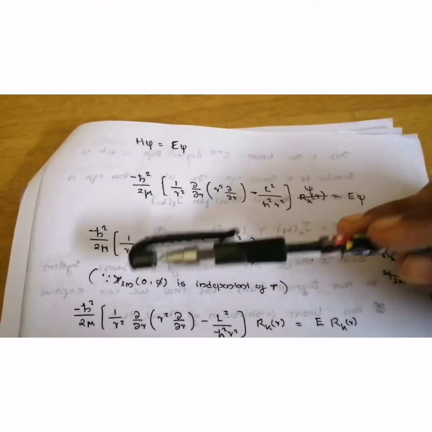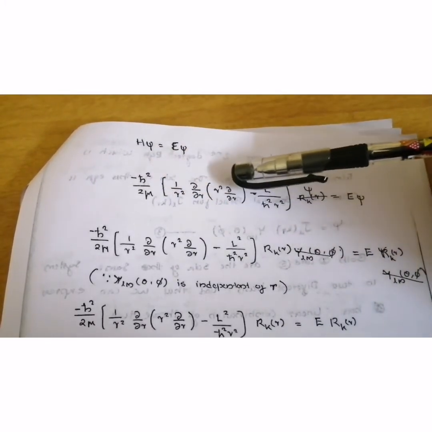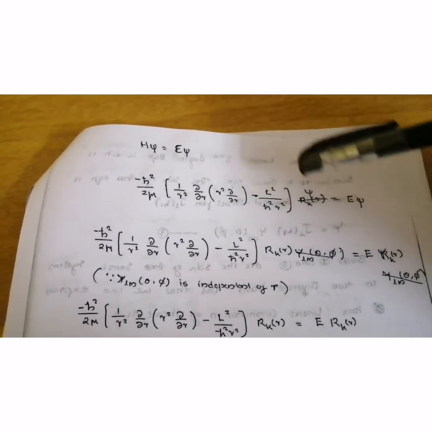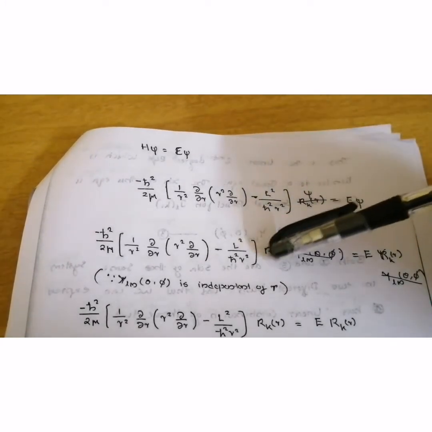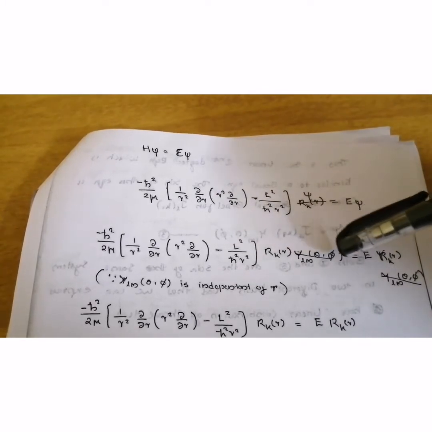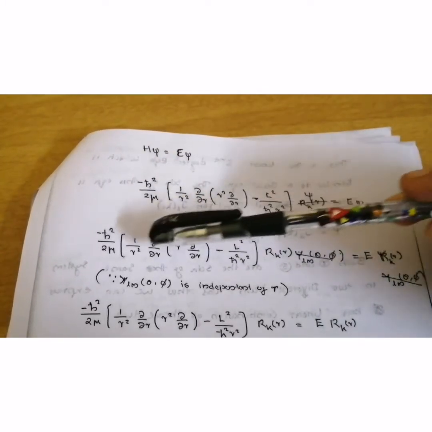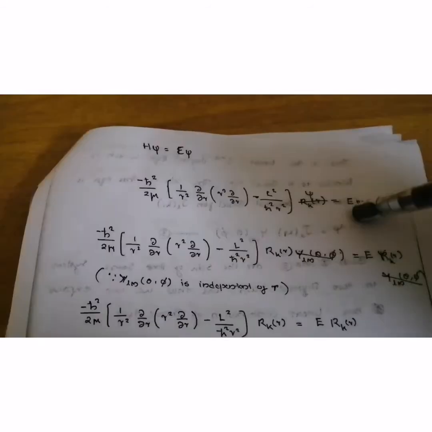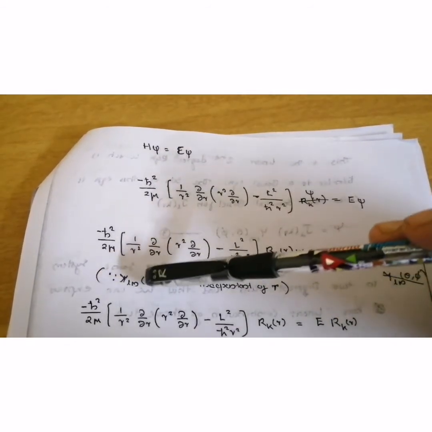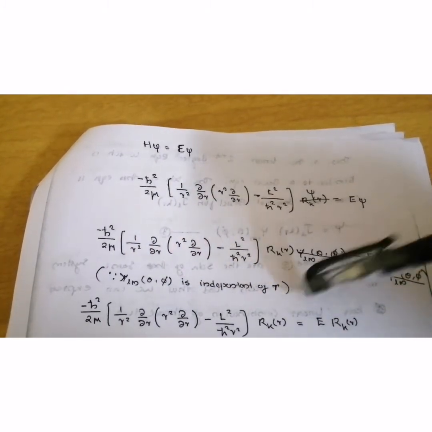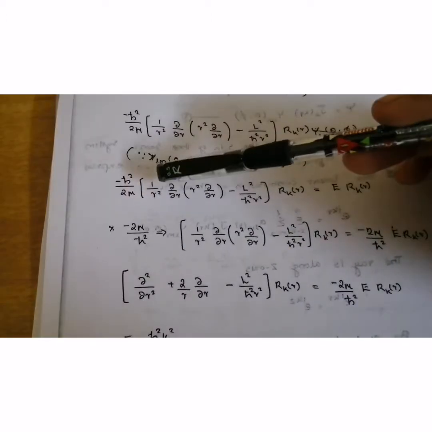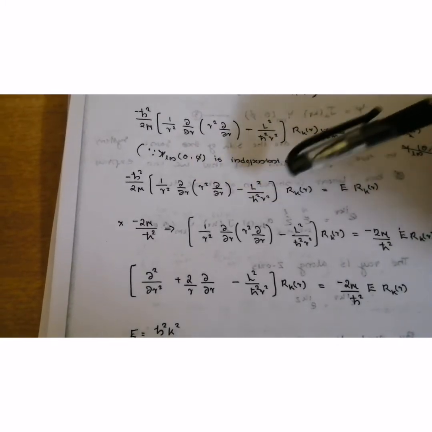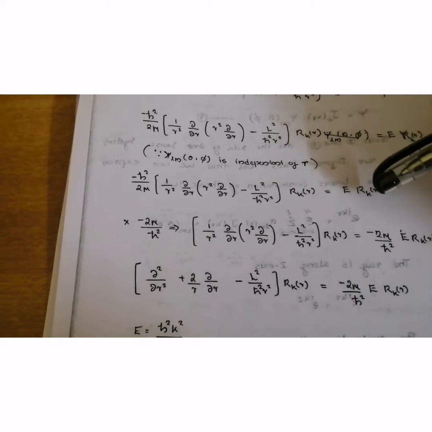So H is equal to minus h bar square by 2 mu into 1 by r square dou by dou r of r square dou by dou r minus L square by h bar square r square, acting on psi equal to E psi. Next we write psi of r equal to R_k of r into Y_lm of theta phi on both sides. Then we can expand. On both sides, Y_lm of theta phi can be cancelled, because Y_lm of theta phi is independent of r. So we get minus h bar square by 2 mu into 1 by r square dou by dou r of r square dou by dou r minus L square by h bar square r square, acting on R_k of r, equal to E R_k of r.